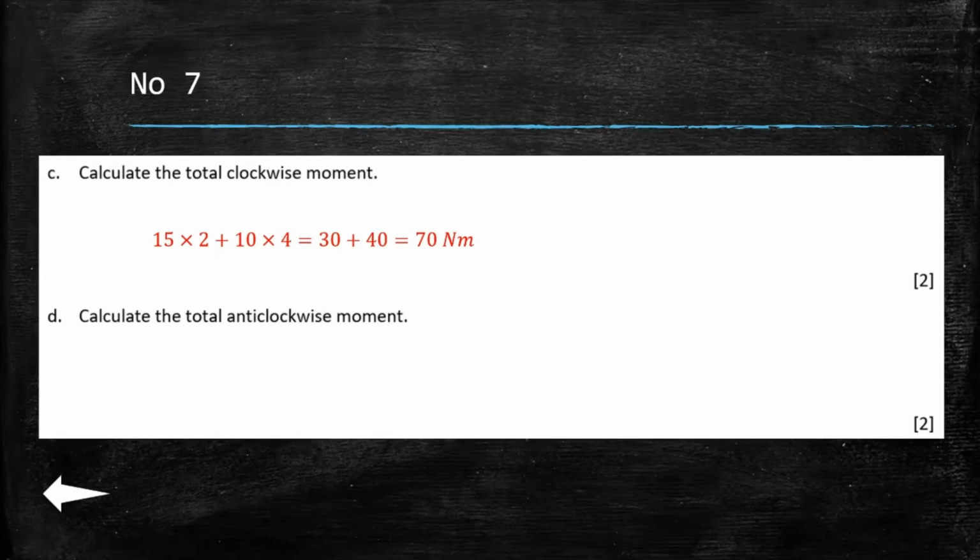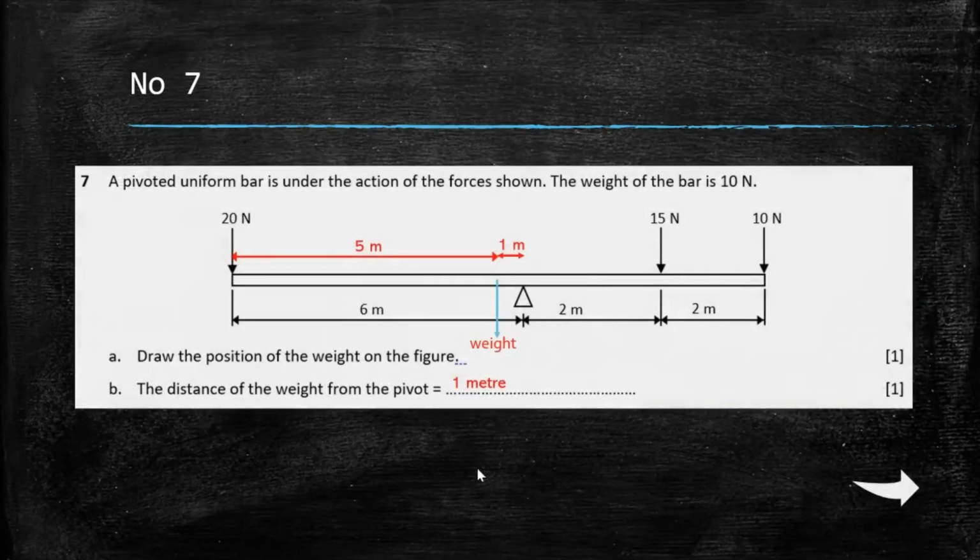Number 7d. Calculate the total anti-clockwise moment. Once again, we have to go back to the figure to know which forces produce the anti-clockwise moment. On the figure, we can see that the weight and the 20 Newton force here both are on the left side of the pivot.